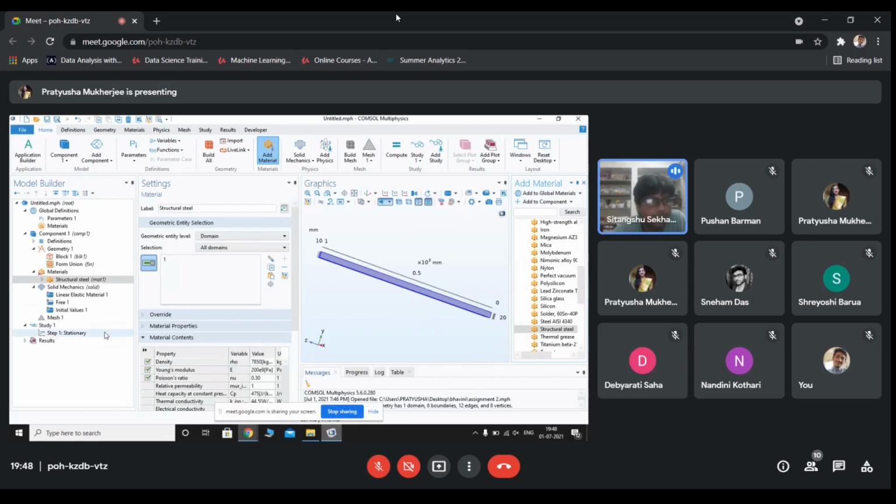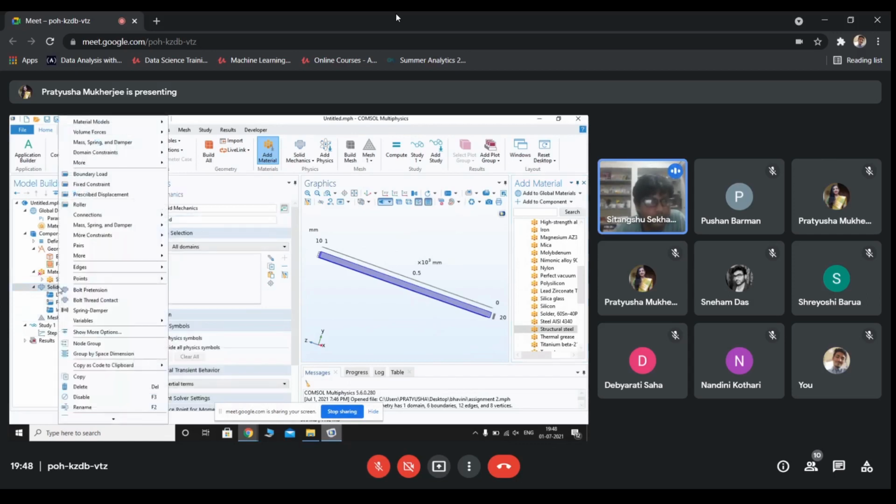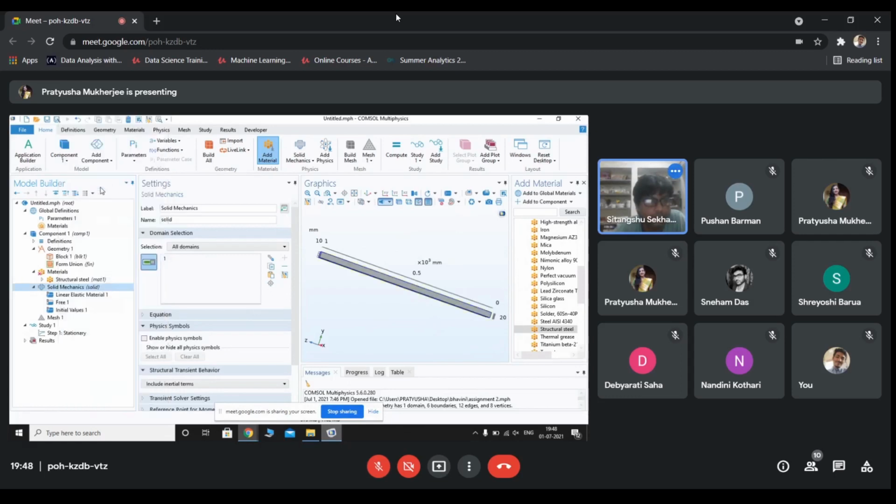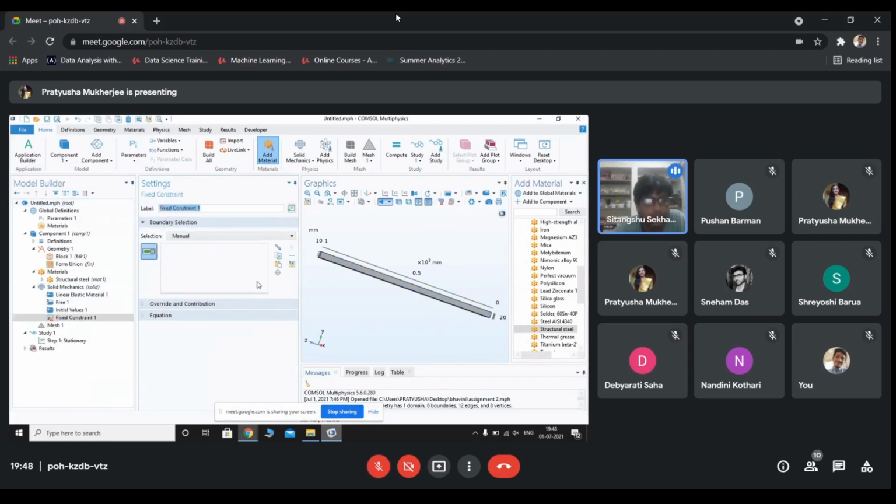Now you click on Solid Mechanics and add a fixed constraint, and on both sides, the cross-sectional areas, you fix them.